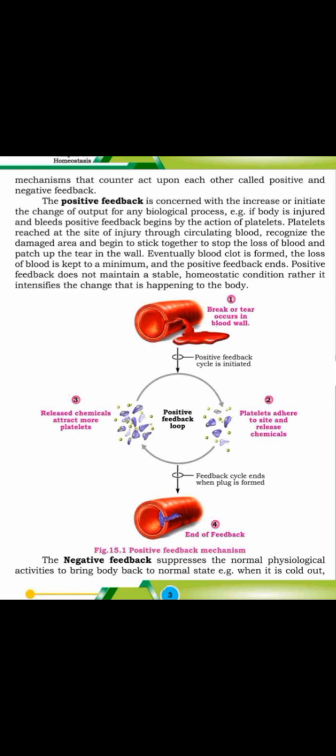Platelets reach the site of injury through circulating blood, recognize the damaged area, and begin to stick together to stop the loss of blood and patch up the tear in the wall. And it continues until the clot is formed and bleeding is stopped.